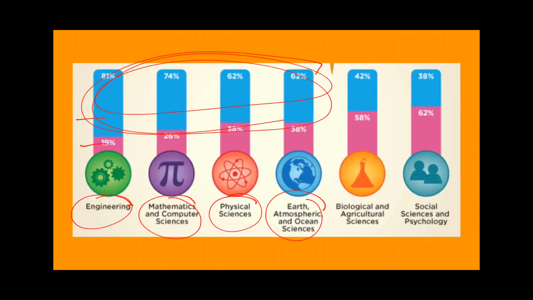And the sciences that are more expressive and caring and are into human interaction, such as biological and agricultural sciences, or the social sciences and psychology, are dominated by women. Again, why? Because these are more related to female ethos.